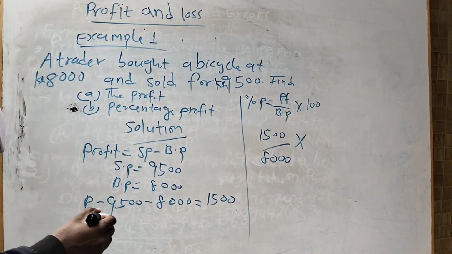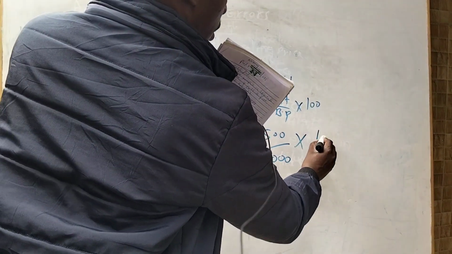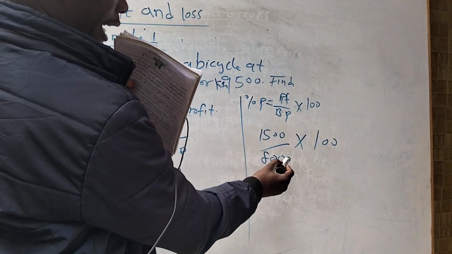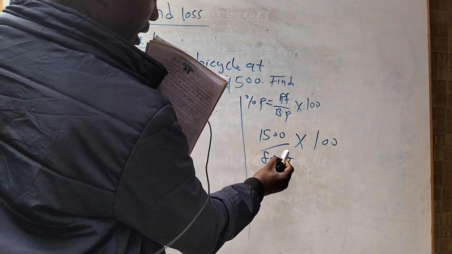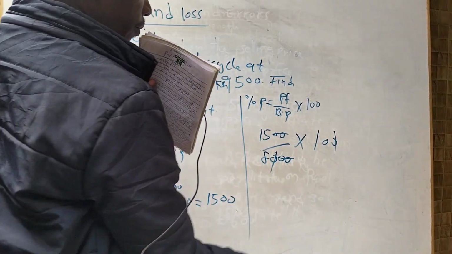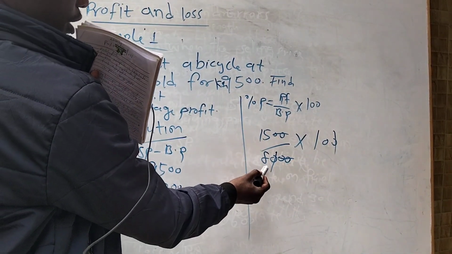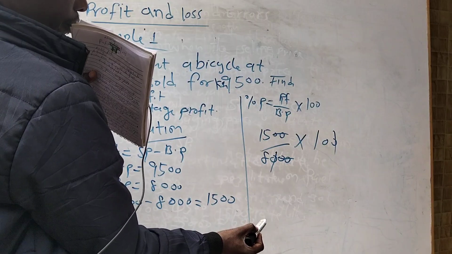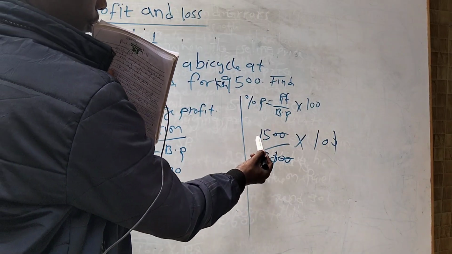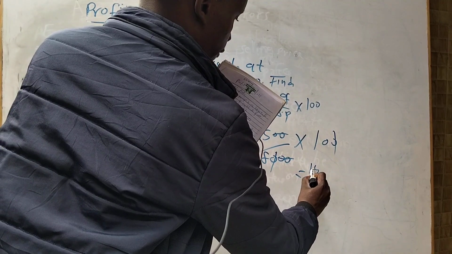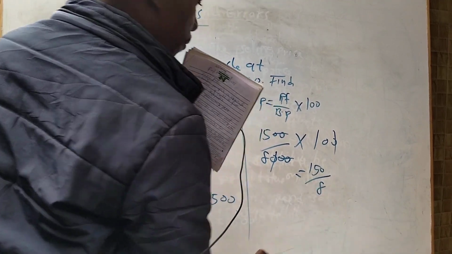So what is our percentage? We multiply by 100. If we multiply by 100, we can cancel this one out. This 0 and this one. So we have 15 and 8. What do we do next? We can multiply this one and this one. We will have 150 over 8.